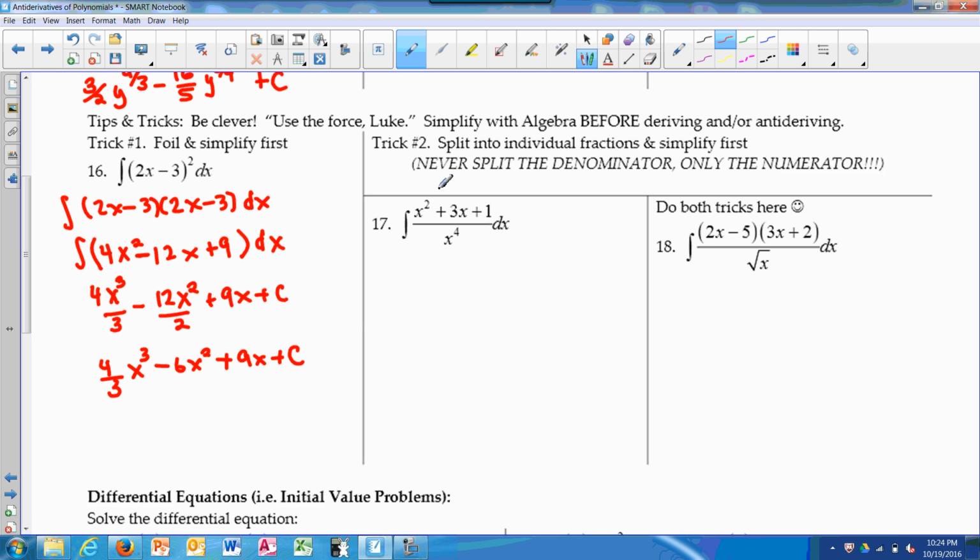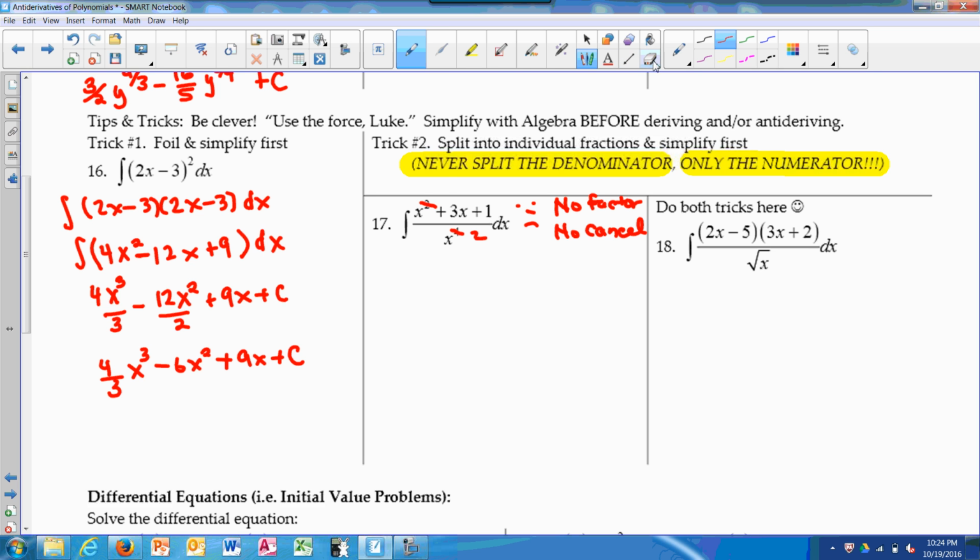Now, notice you are never allowed to split the denominator, only the numerator. A lot of students have very bad algebra skills and think they can start canceling things off that don't cancel. If it doesn't factor, it doesn't cancel. So no factor, no cancel.